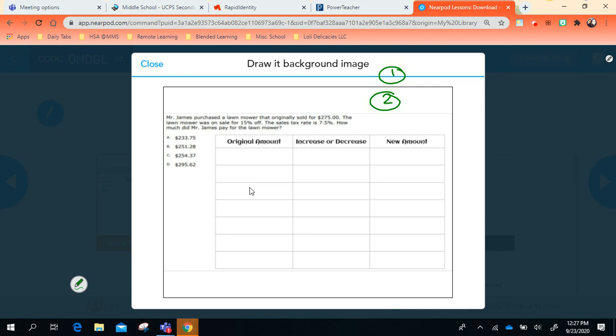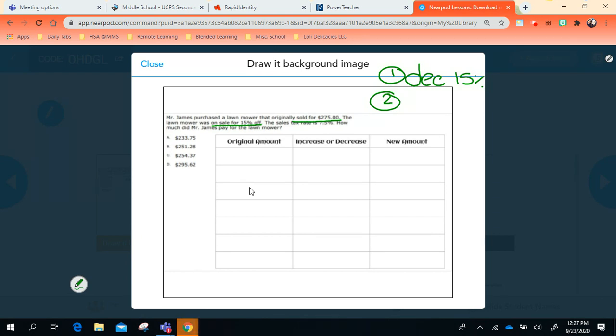Mr. James purchased a lawnmower that originally sold for $275. The lawnmower was on sale for 15% off. So is sale an increase or a decrease? It is a decrease. So I'm going to put decrease 15%. I know now that my first step is a decrease of 15%.